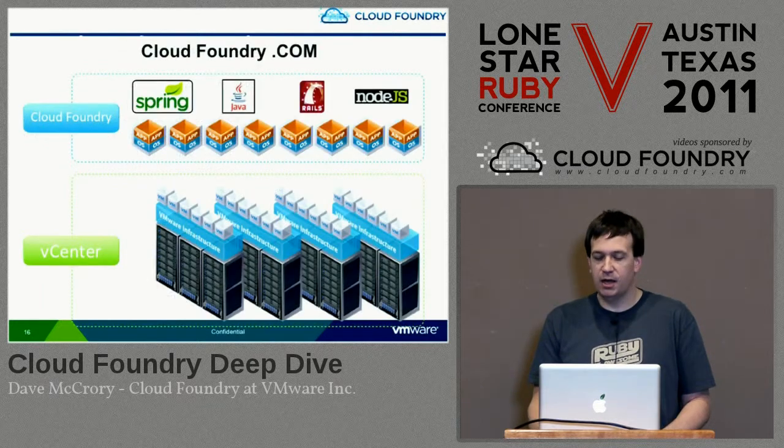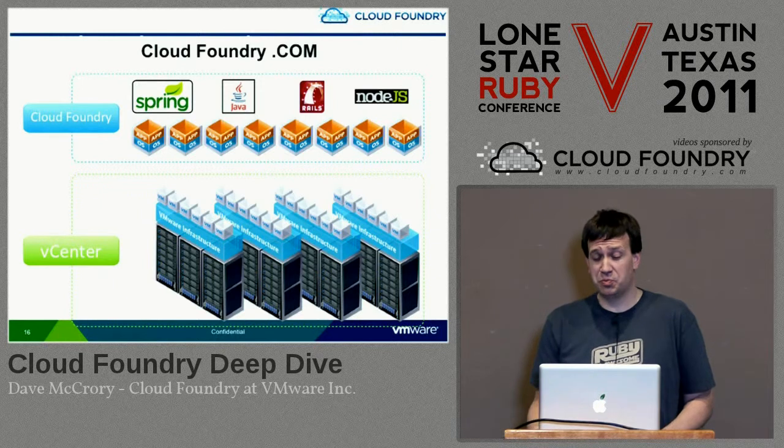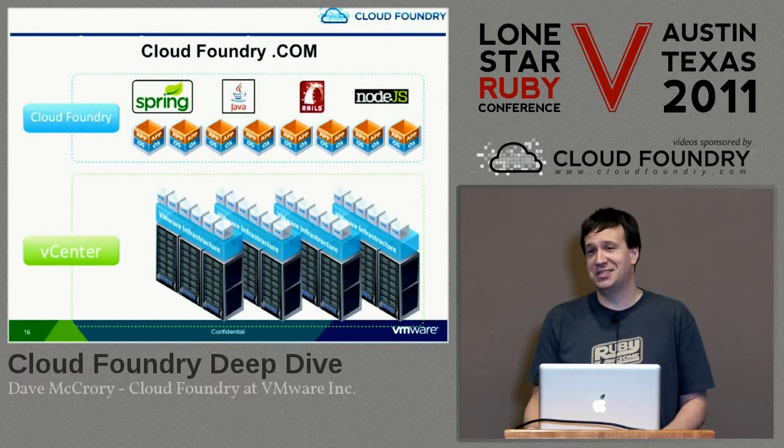So cloudfoundry.com is a hosted service. You can literally go online right now, sign up, and you can literally start pushing applications. And applications can be Java apps or Spring, Ruby, Rails, Sinatra. You can do Node.js. You can deploy all of these in the same account, all at the same time, all on an instance.